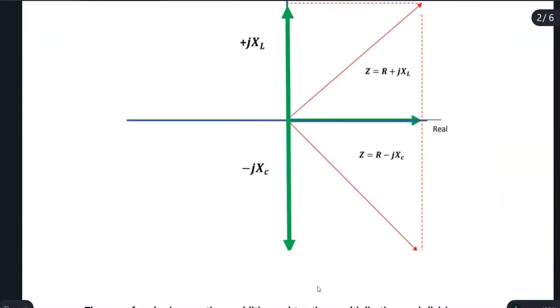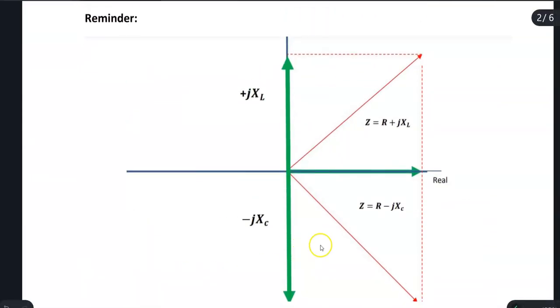And I must base this on the chart in order to identify the positive part or the negative part of the imaginary number in rectangular form for the impedance.